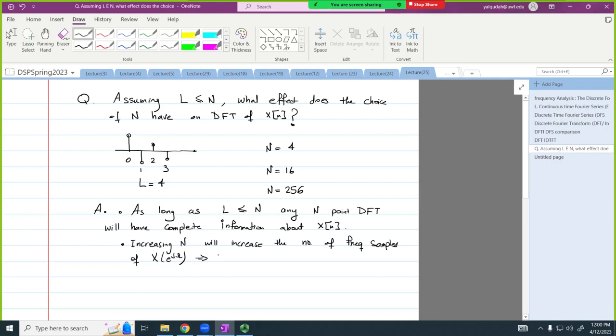And this means we're going to have higher resolution in the frequency domain. Good?